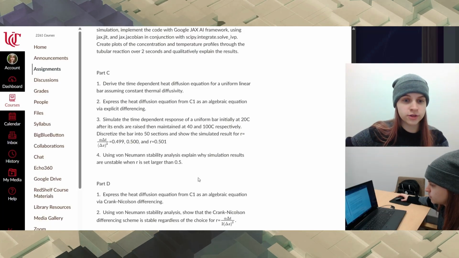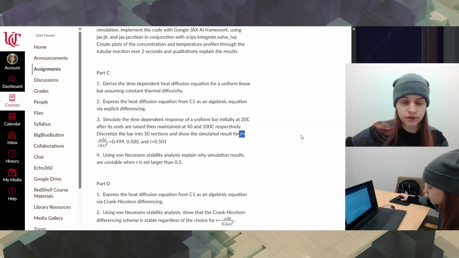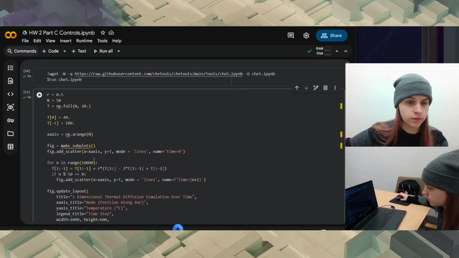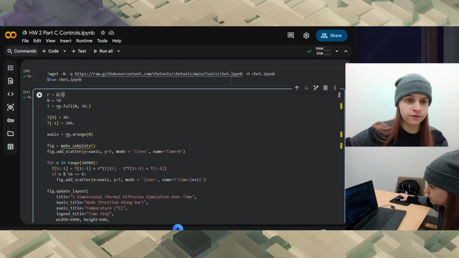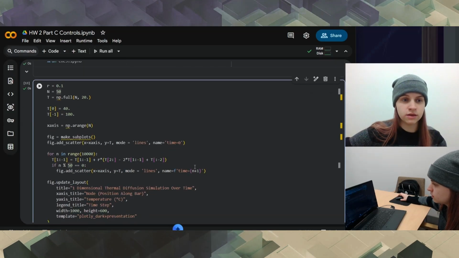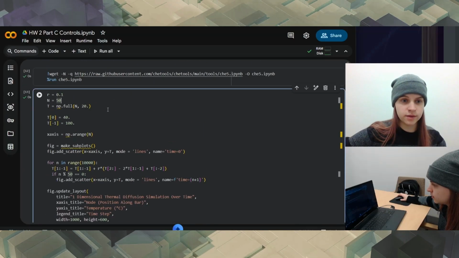Now, earlier I made a big fuss about this R value. Right now, we have it set to 0.5. I'm going to set it really low just so you can see that it does not have a big impact.